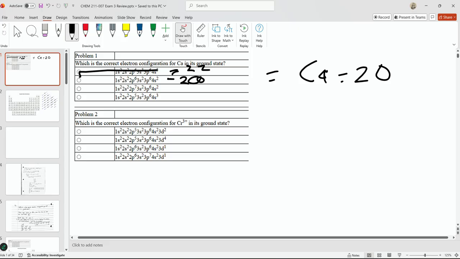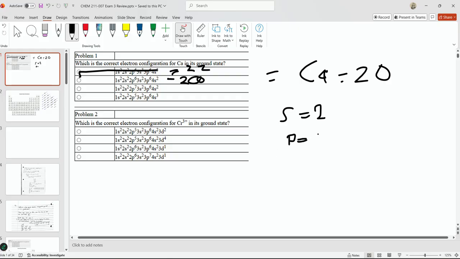So we have 2 plus 2 plus 7 plus 2 plus 6 plus 2. But we also have to take into consideration that some things can be valid. For instance, the s sub-level can only hold up to 2 electrons, and the p sub-level can only hold up to 6 electrons.